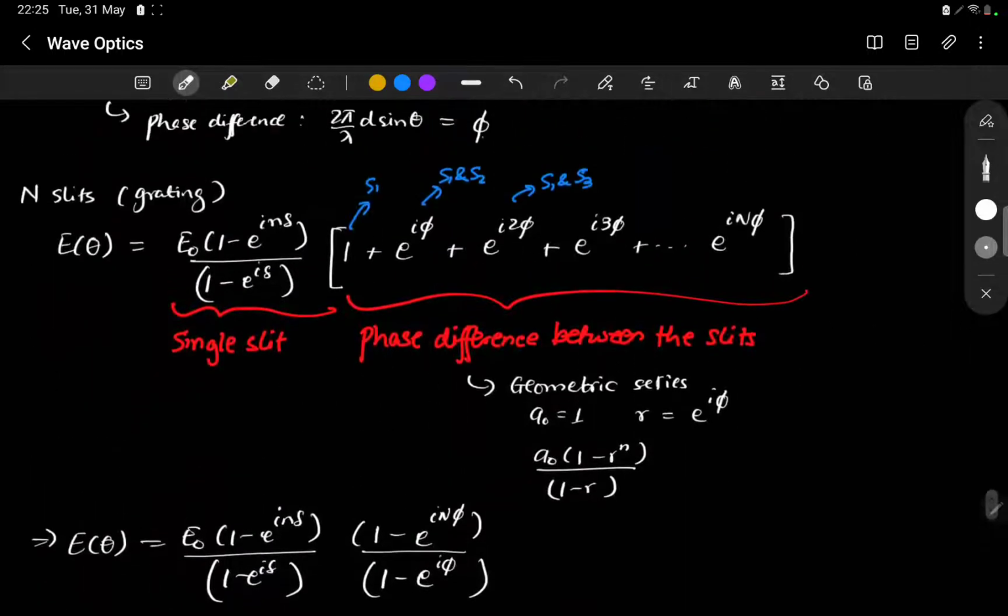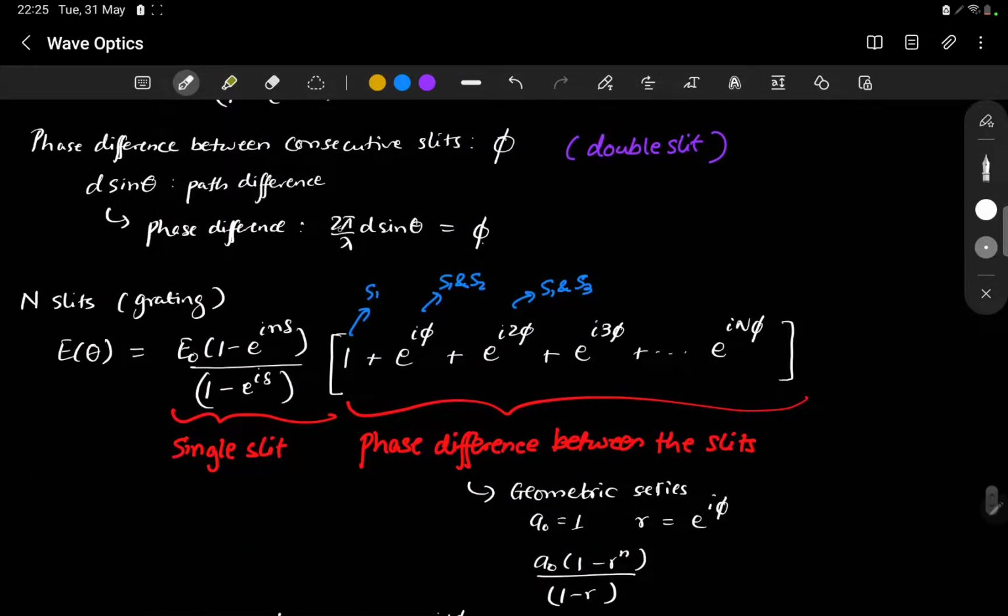Now phi, we had written it earlier, is 2 pi d sine theta over lambda. So phi over 2 is pi d sine theta over lambda. Now let us call this a parameter beta. Beta is nothing but phi over 2.